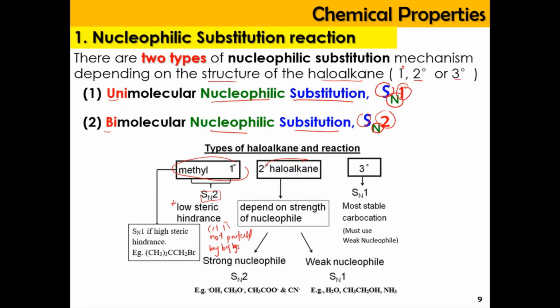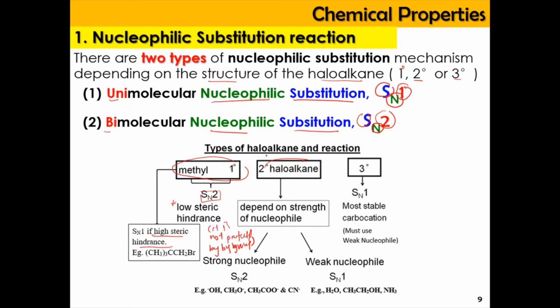Okay, maksudnya dia attach kepada atom-atom yang kecil. Kalau dia attach pada atom yang besar, it is going to have a high steric hindrance. For example, if you have CH3CCH2Br. Okay, so we're going to look into this mechanism in the later slide.